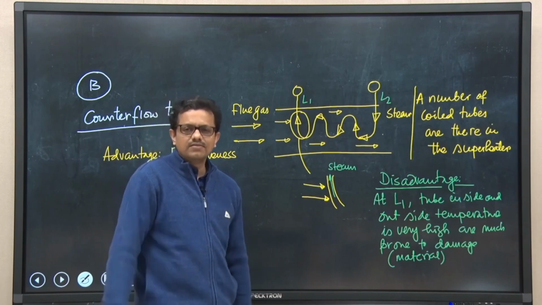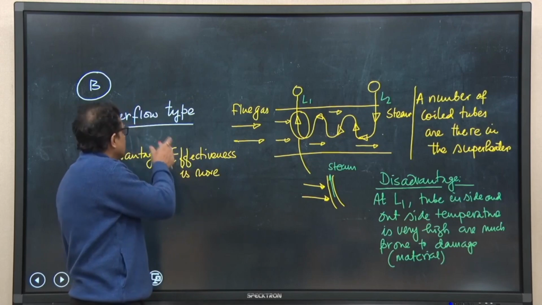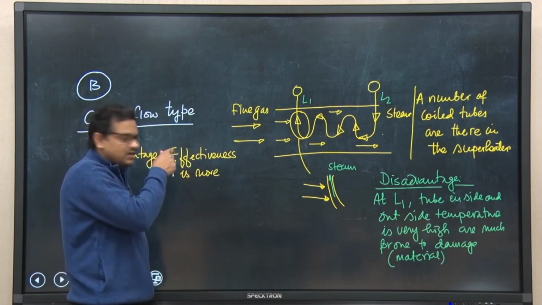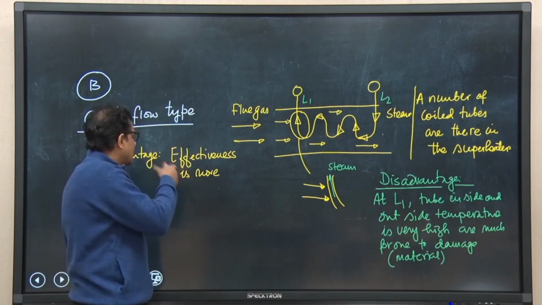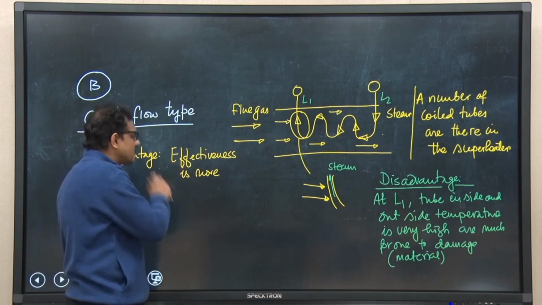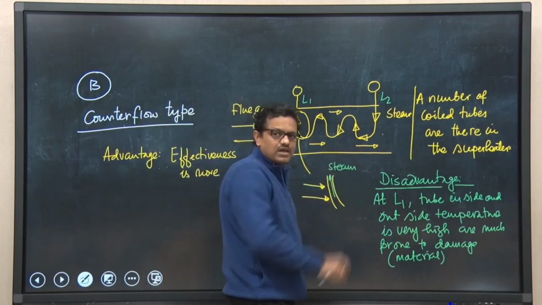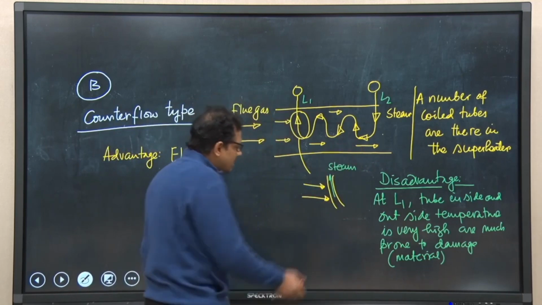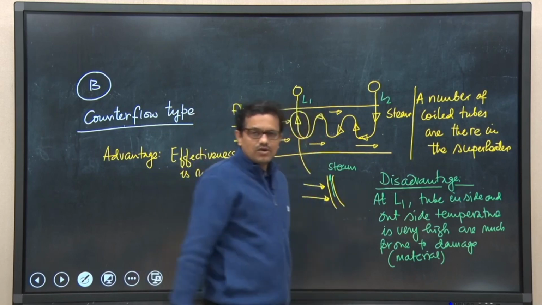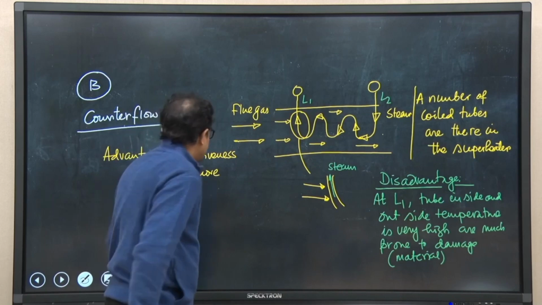So, following a similar argument we can say even in this particular case the counter flow type superheaters are more effective than the parallel flow. So, this is the advantage, but the disadvantage is what we have already discussed. So, this particular aspect should also be taken into consideration while designing the counter flow type superheater.